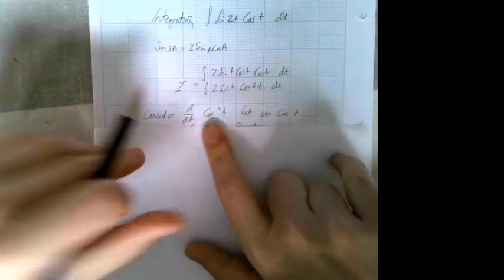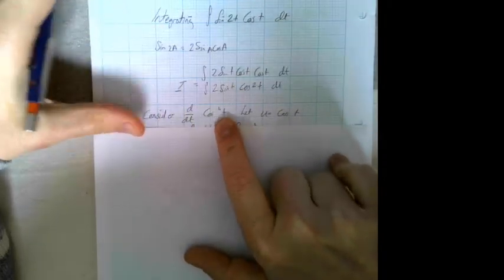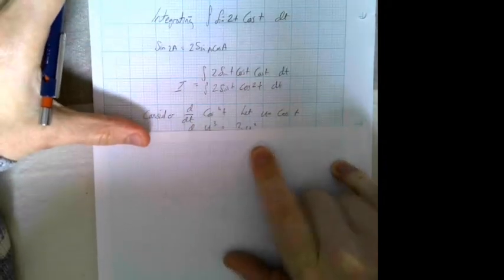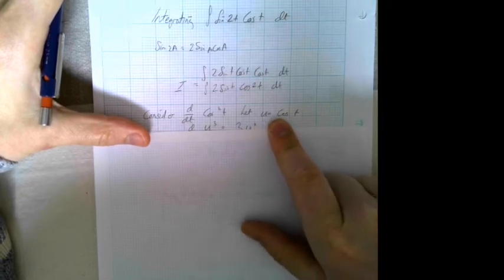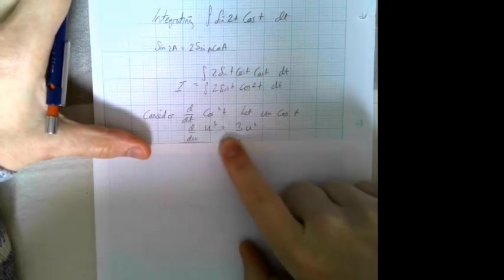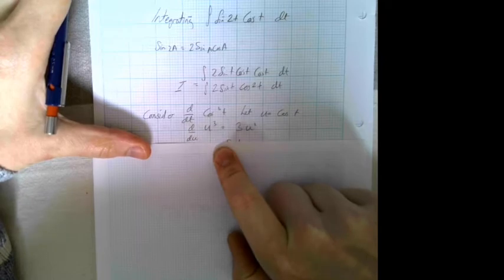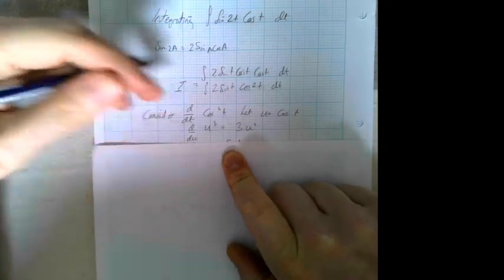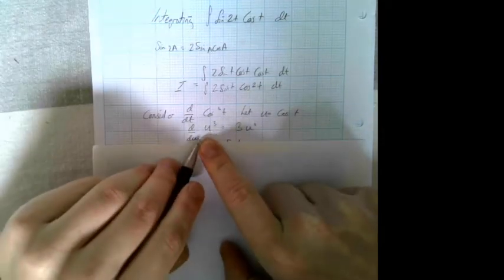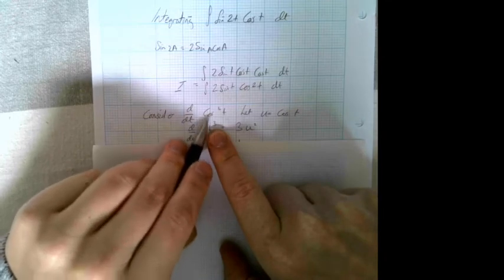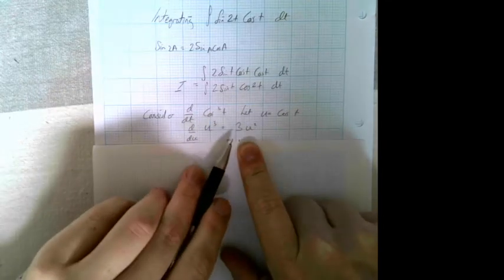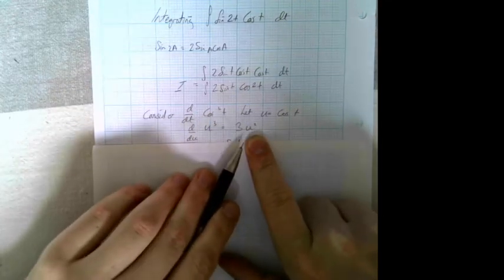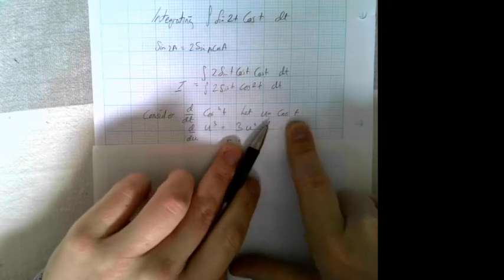So if I consider differentiating cos cubed t, and I chose to use the chain rule, so I said let u equal cos t, and as a result I was trying to differentiate u cubed. Well, using the chain rule I could differentiate u cubed and get 3u squared. And I'd also have to think, what would u differentiate to become?